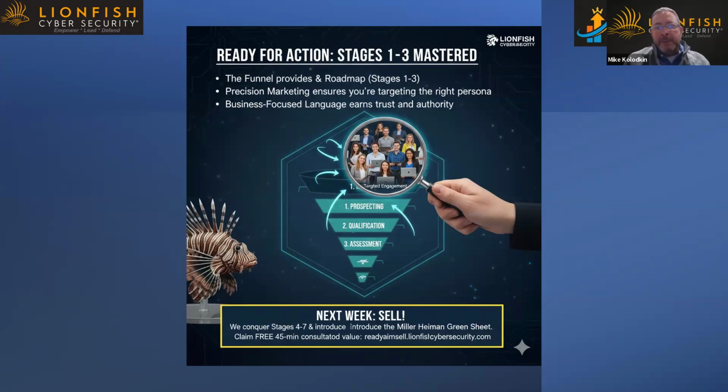And then maybe evaluating some of the language you're using to be more business focused where appropriate, to earn trust and authority. Next week, on the 17th, we're going to get together for the third and final session, our sell stage. This is where we get into stages 4 through 7.